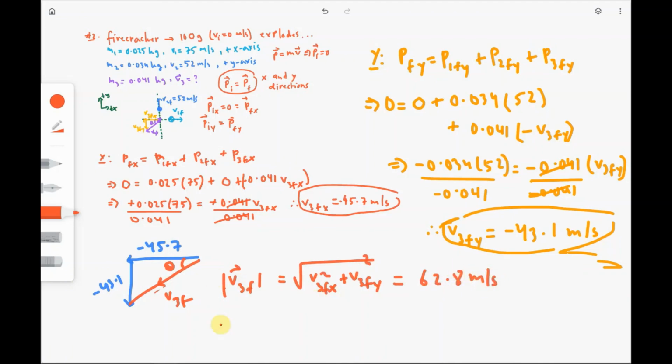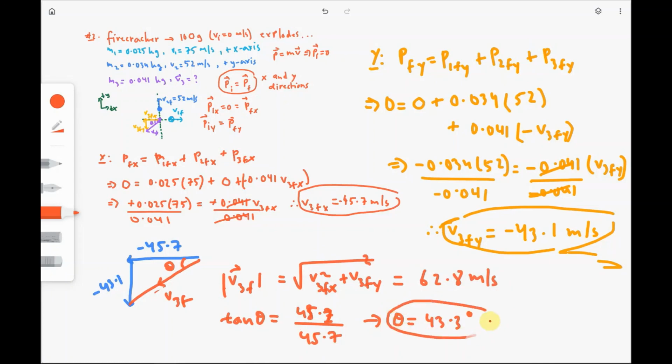And to find direction, again use tangent. Theta equal 43.1 over 45.7, and take the tan inverse of this to get theta as 43.3 degrees below the x-axis.